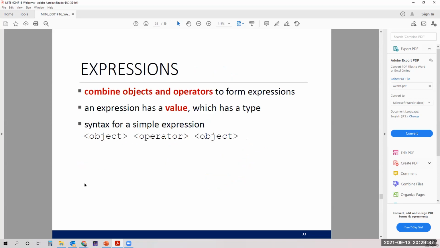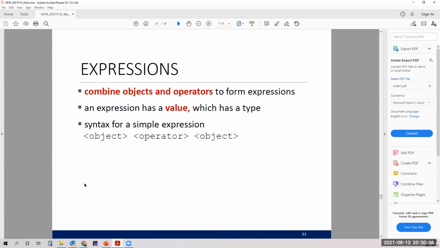Expressions combine objects and operators. Once we combine objects and operators, we call it an expression. Each expression should have a value, and this value has a type, which could be integer, float, string, whatever.